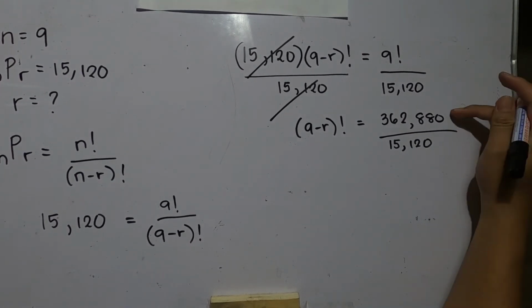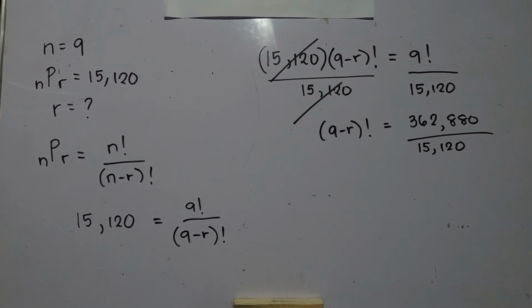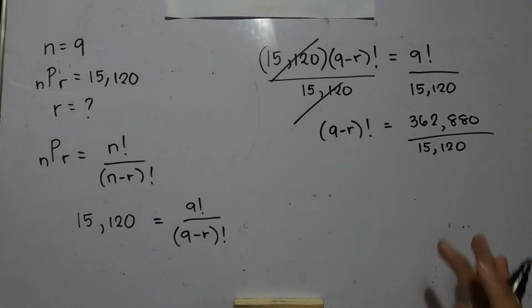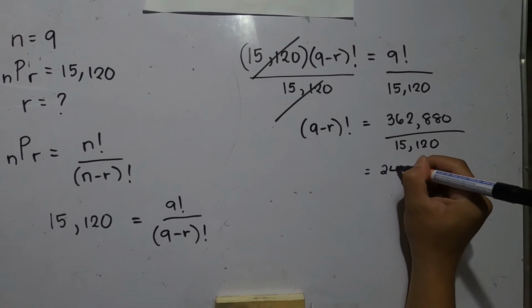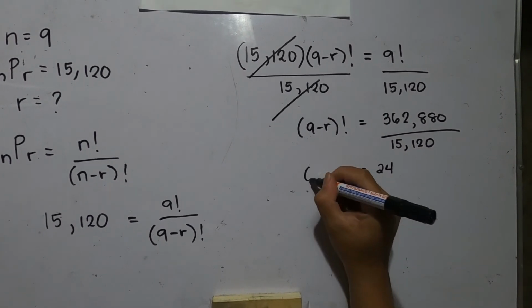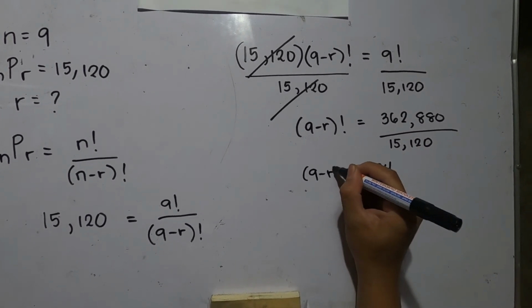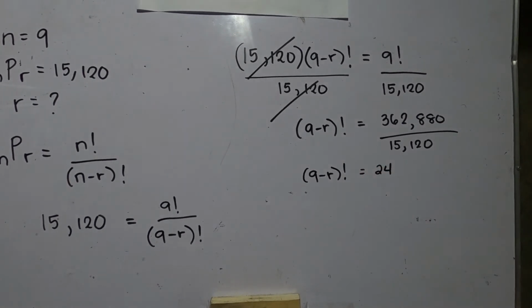The quotient of 362,880 and 15,120 is equal to 24. So the equation becomes 9 minus r factorial is equal to 24.